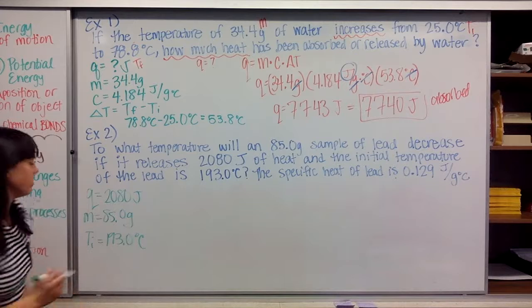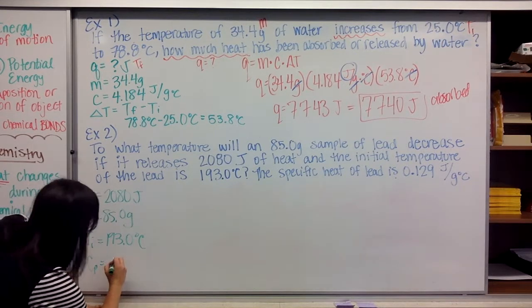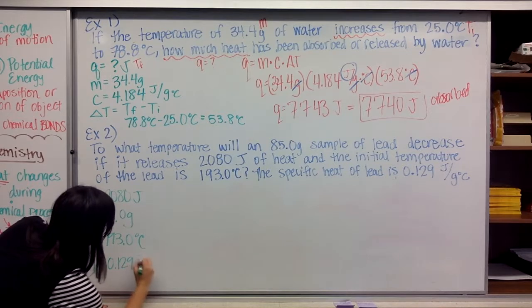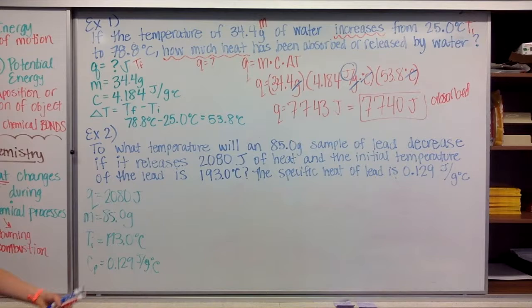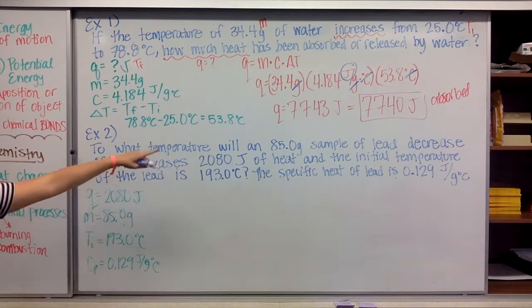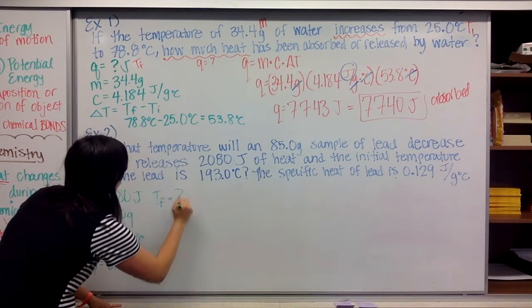The specific heat of lead, so C sub P, is equal to 0.129 joules per gram degree Celsius. Okay, I am trying to find what temperature. Well, I'm trying to find T final. T final equals question mark.